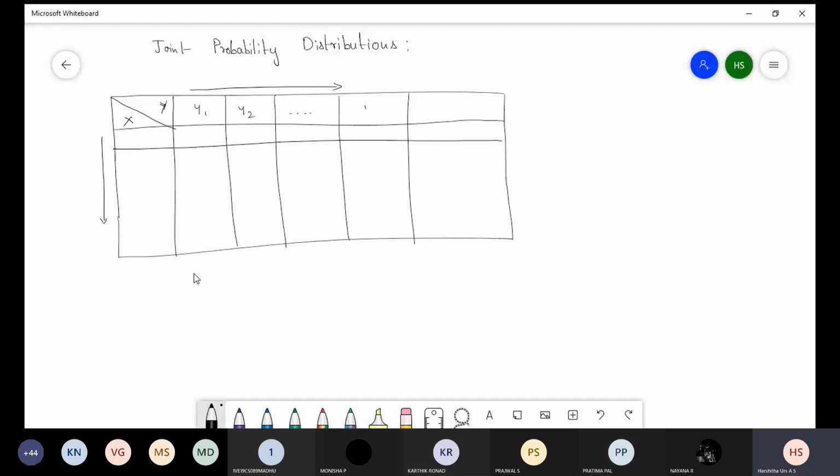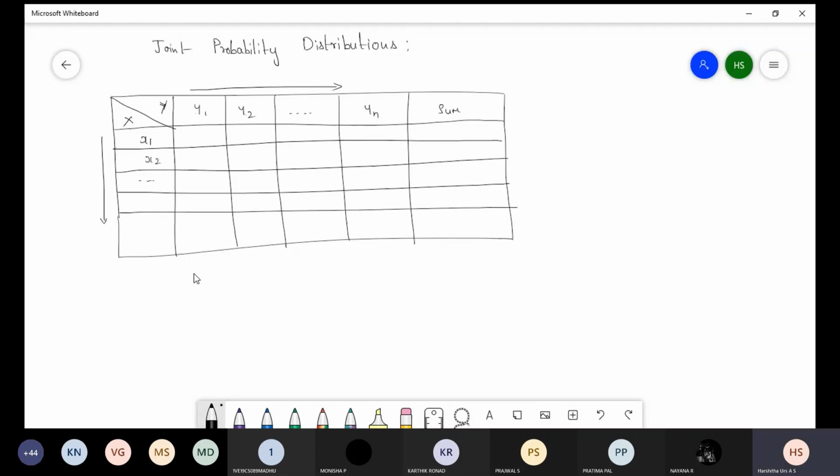I mentioned here y1, y2, so on. Here yn. Sum of y1 plus y2 up to yn, that sum should be here. Next, x1, x2, so on.